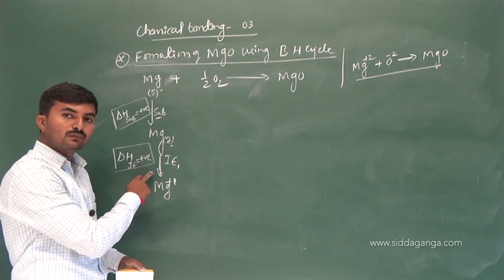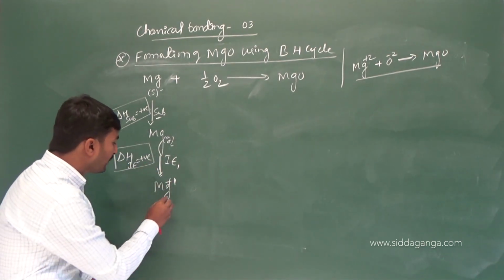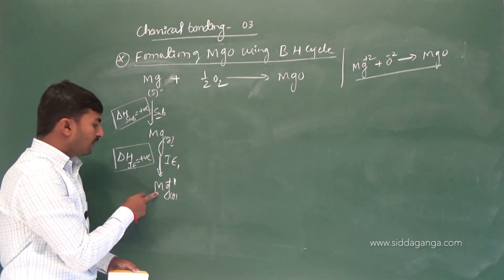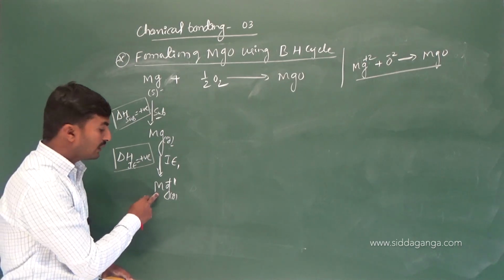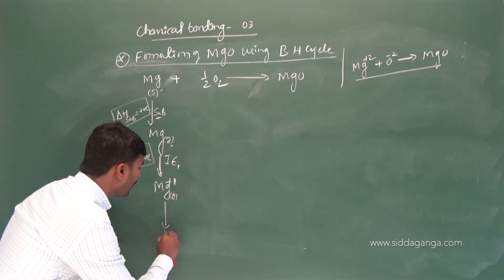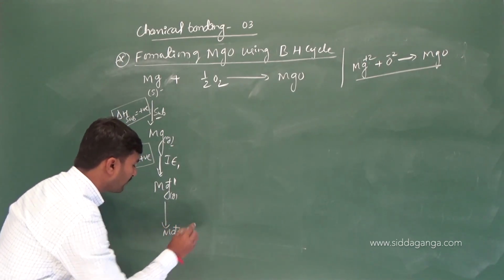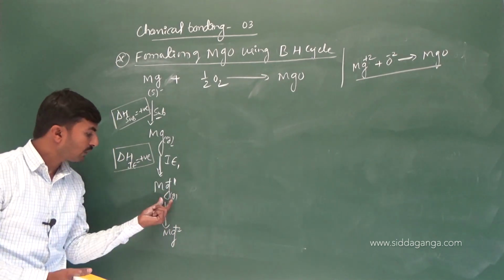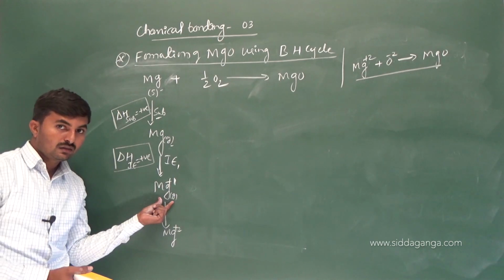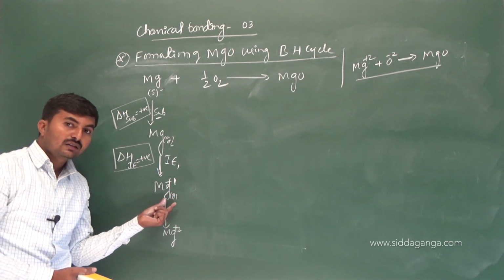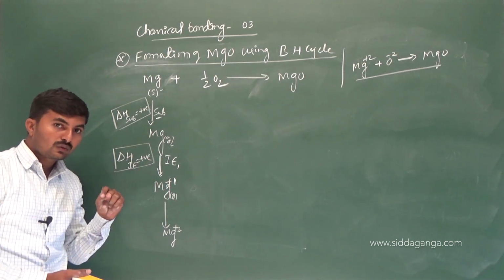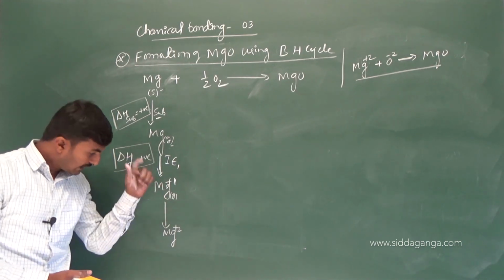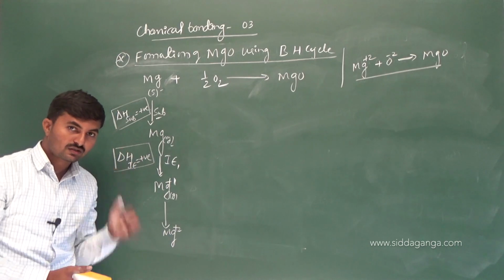Energy is positive, followed by we have to convert the positive magnesium cation into Mg+2 ion. To convert it into Mg+2 ion, we have to remove one more electron from the magnesium cation. There also we have to spend an amount of energy. That energy is also nothing but ionization energy.